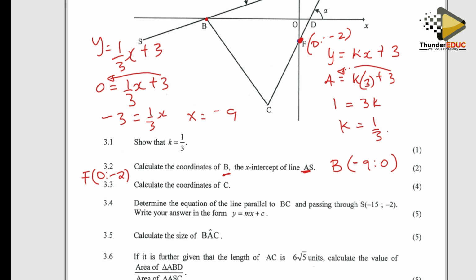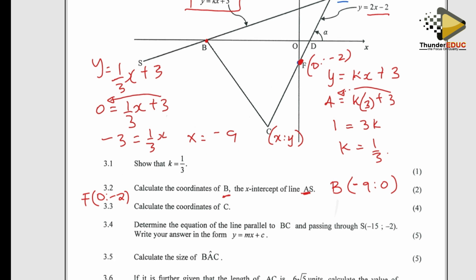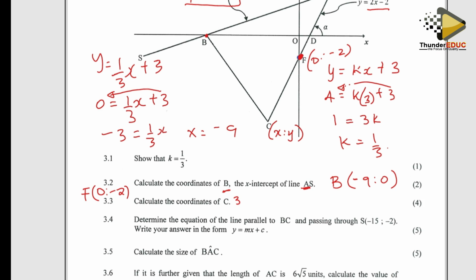Then when I apply my midpoint formula, let me call this x and y. I'll say 3 plus x divided by 2 must give me this midpoint, which is a 0. When I transpose that, x plus 3 is going to be a 0, which means x is negative 3.